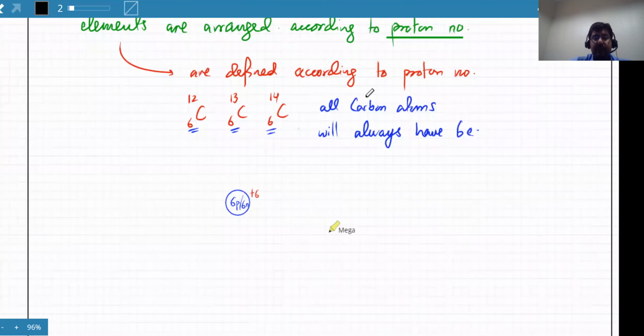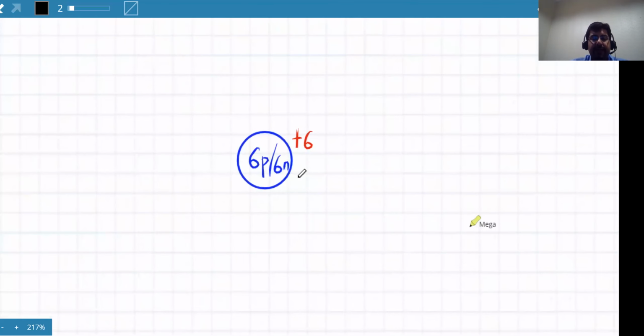The neutron has no charge, so it isn't really playing any role. It's not attracting anything. It's not repelling anything. Most of the time it's completely irrelevant. It's not doing anything in a chemical reaction.